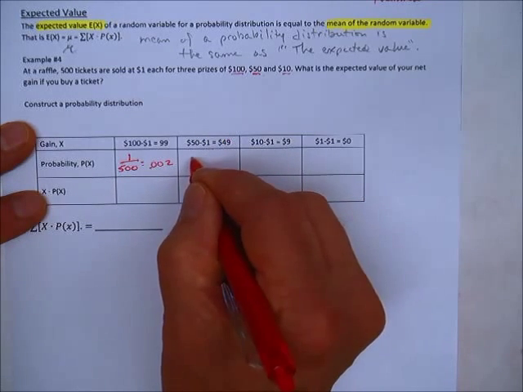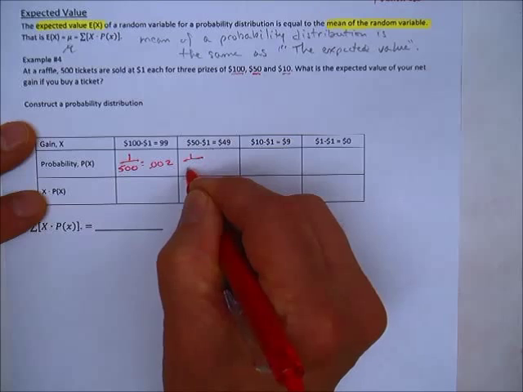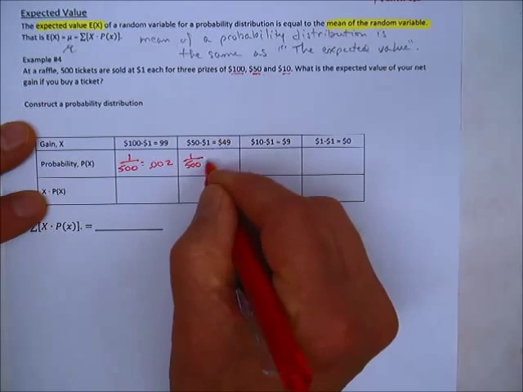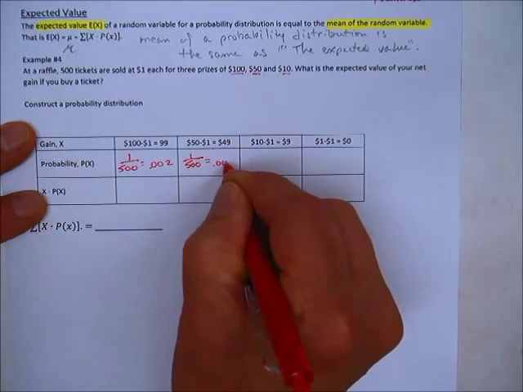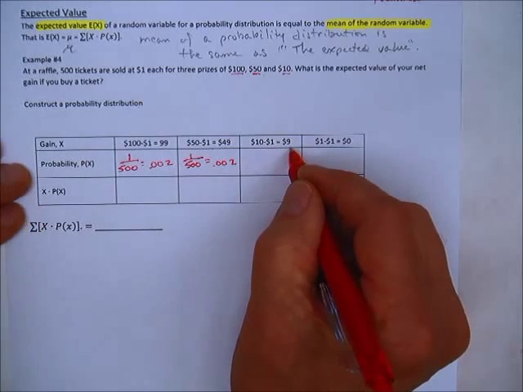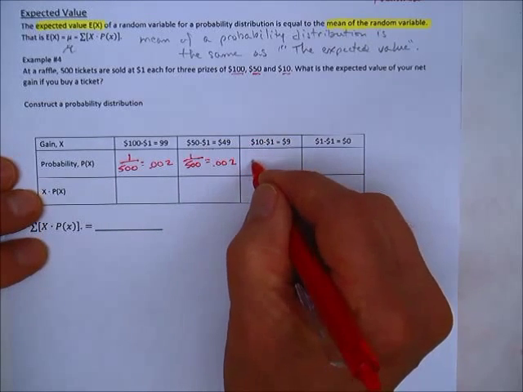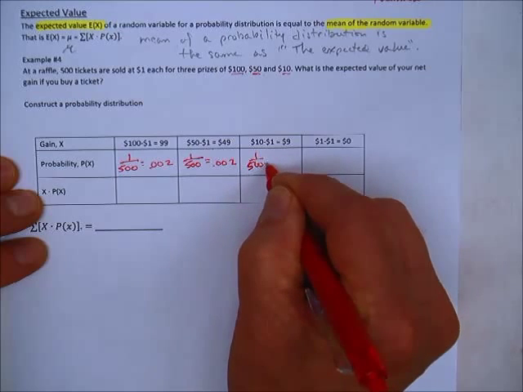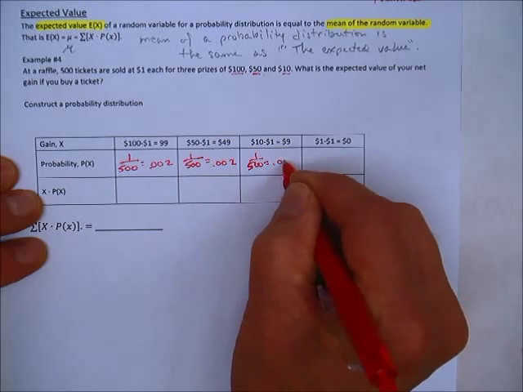And that's got the same probability. There's only going to be one of those prizes. Only one person gets that out of 500 tickets. So that's also going to be 0.002. And if you spend $1 and you win a $10 bill, then you've made $9. And that has the same probability, 1 out of 500, which equals 0.002.